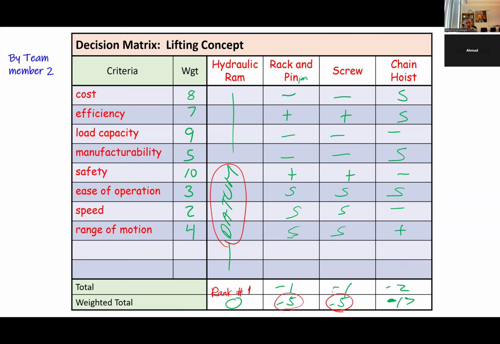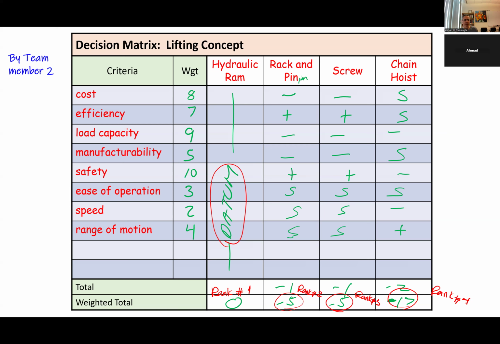So if we got the same number, we cannot be picky. So we'll go with just rank number two, rank number three. It doesn't matter because we are going to iterate anyway. And this is going to be rank number four. So each team member will repeat that, and then we will compare, we rank again until our ranking or scoring is the same for all the team members.